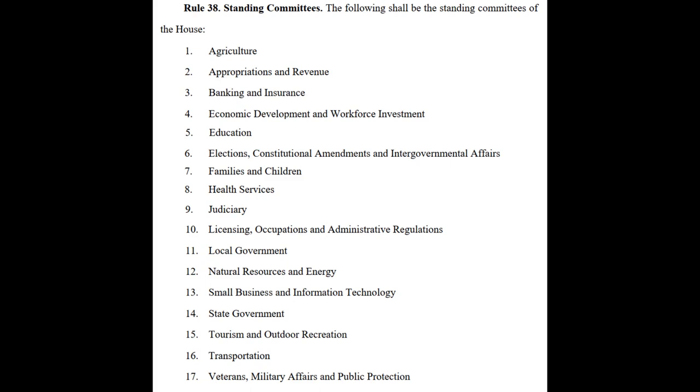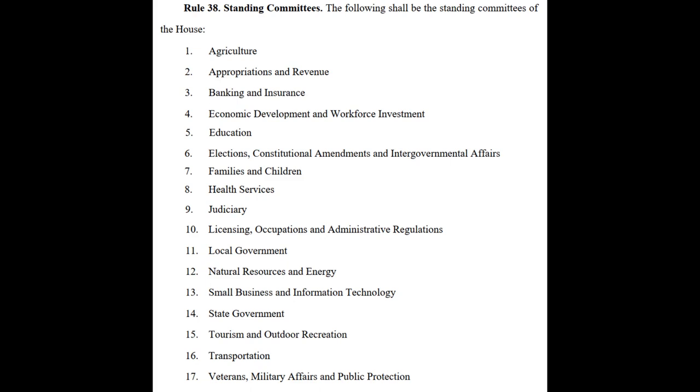Elections, Constitutional Amendments and Intergovernmental Affairs. 7. Families and Children. 8. Health Services. 9. Judiciary. 10. Licensing, Occupations and Administrative Regulations. 11. Local Government. 12. Natural Resources and Energy.